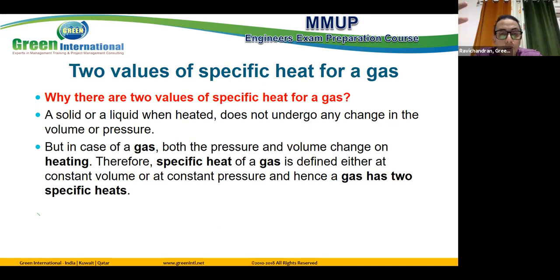So this is compressible flow, in the case of gas. But for liquid and solid, when you change pressure, the volume does not change. So in this case there is no effect on the volume from the pressure, and we only have one specific heat. But in gases, we have two specific heats: one at constant pressure and one at constant volume.